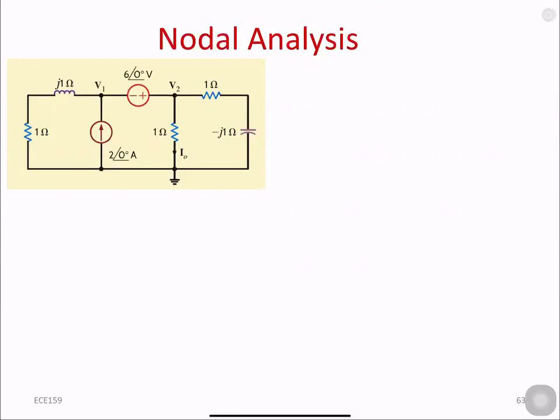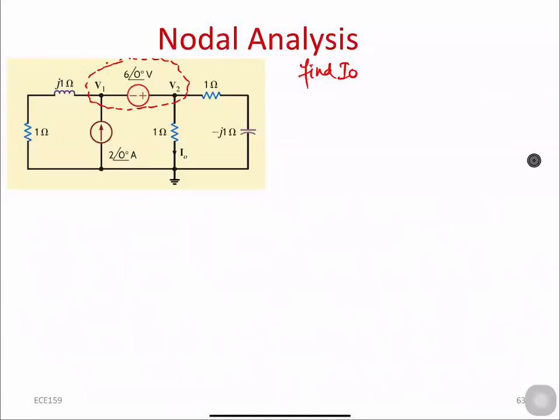We need to find out I naught using nodal analysis, which is here. And the first thing you need to identify is that you have a supernode here. So the voltages are given to you and you have a supernode here between two voltages, V1 and V2, right?